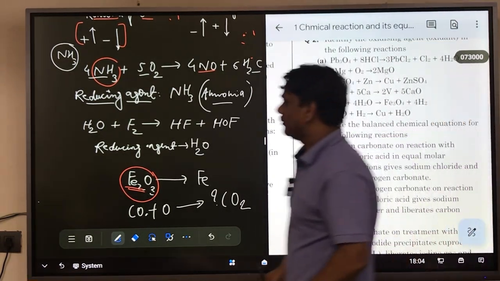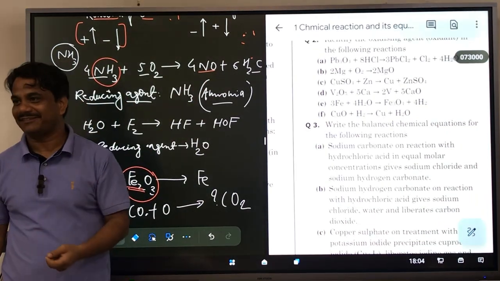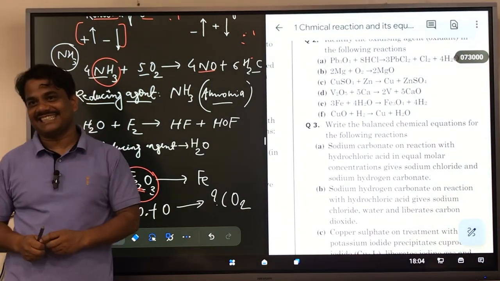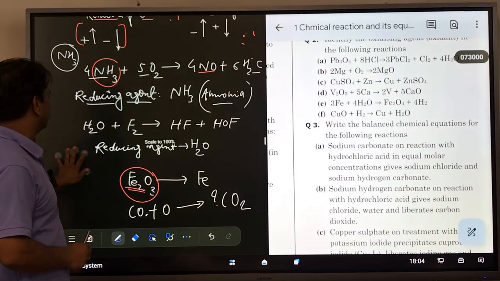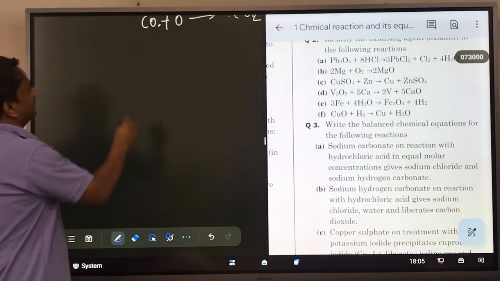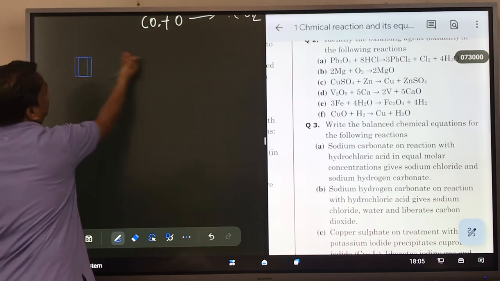So the very first time, we could predict the answer by observing the equation. Which will be the oxidizing agent here? Exactly, sir, Pb3O4 will be the oxidizing agent. Got it?